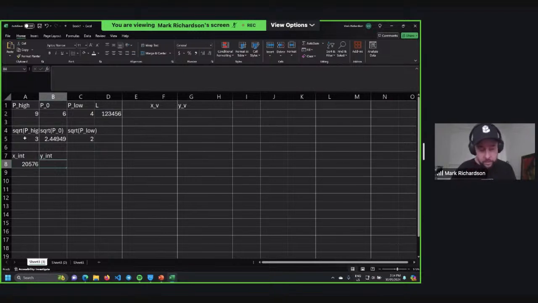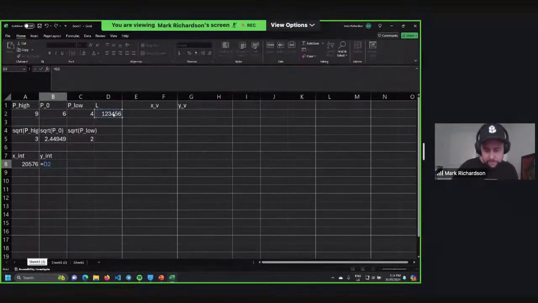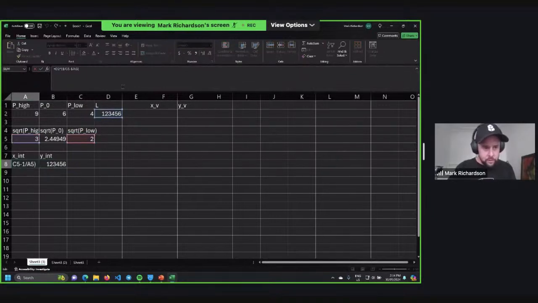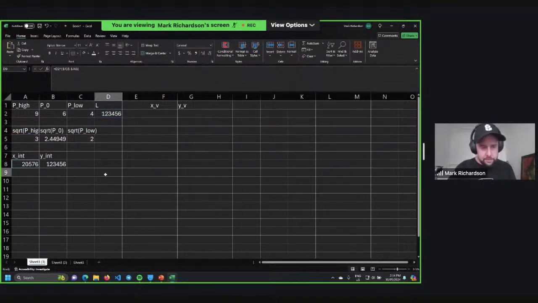That looks about right. And then for the y-intercept, it's slightly different, but you can tell that they're related. This is also L, except that it is multiplied by the difference between the square root of p high and the square root of p low. Okay, yeah, that looks right to me.